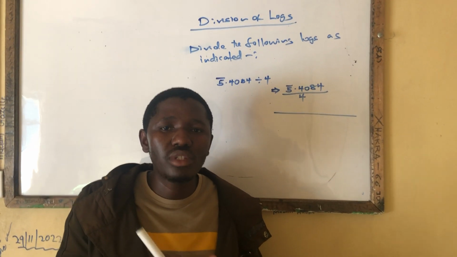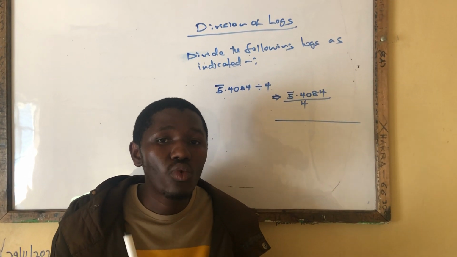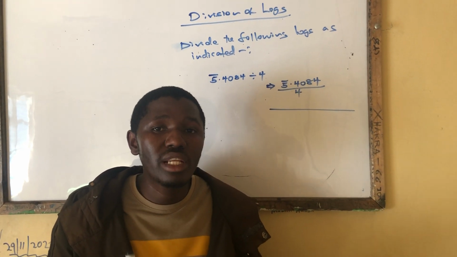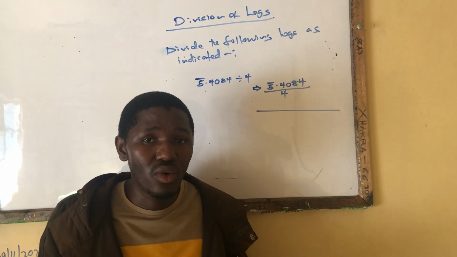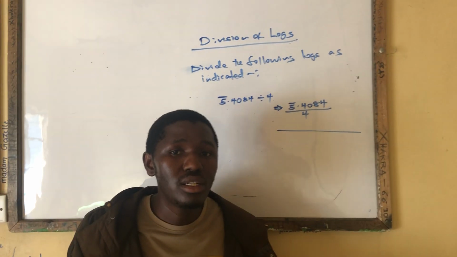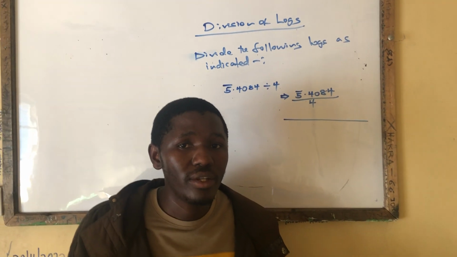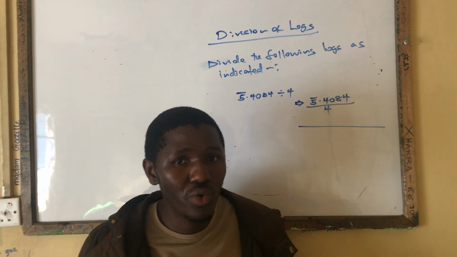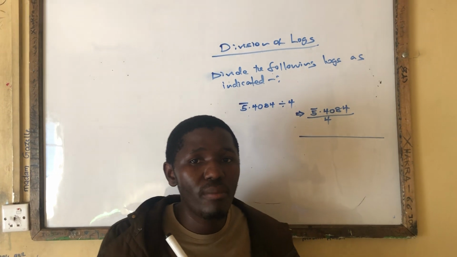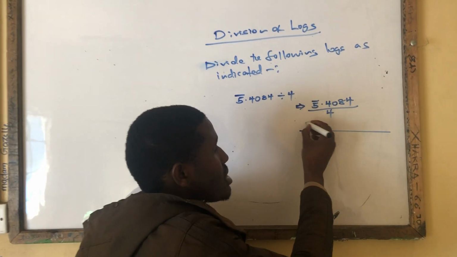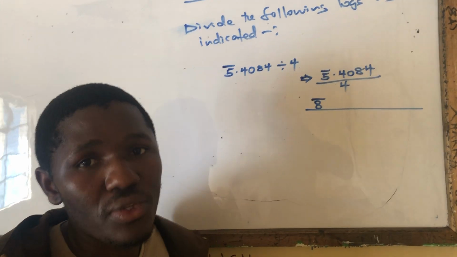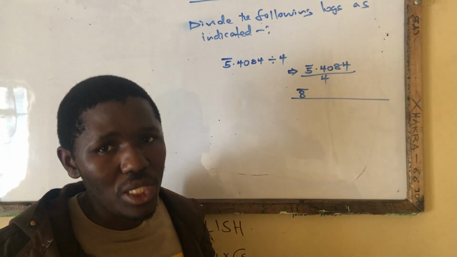If 6 is not divisible by 4, you will be required to move to the next number after 6, and that number becomes 7. The question is, is 7 divisible by 4? Again, no. We move again to the next number, which is 8. Is 8 divisible by 4? Yes. So we write the 8.